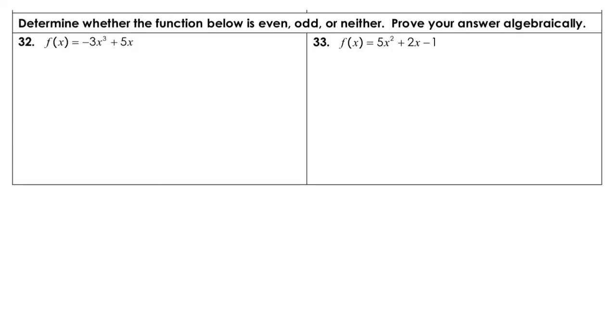For our next part, we were talking about even, odd, or neither. So for that, we are going to look at what I get when I substitute in a negative x. Just a quick review of those rules. If we do sub in a negative x and we get back the original function, then we were even, and that was symmetric about the y-axis.